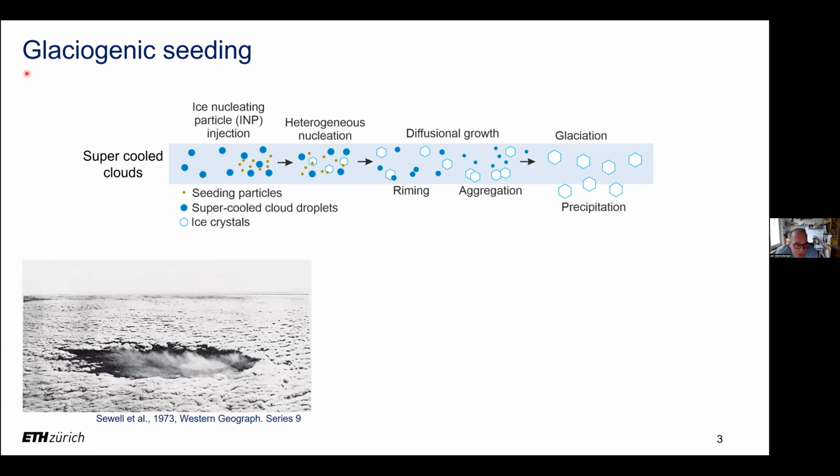And yeah, glaciogenic seeding has been used for quite a while. On the left is an example out of the 70s. Here they used dry ice, and you see the effect of how they burn a hole into the clouds. There's also this more stratiform cloud that is all supercooled liquid, and here in the middle that is ice crystals formed by the dry ice. And clearly there seems to be a strong change in radiative feedback.